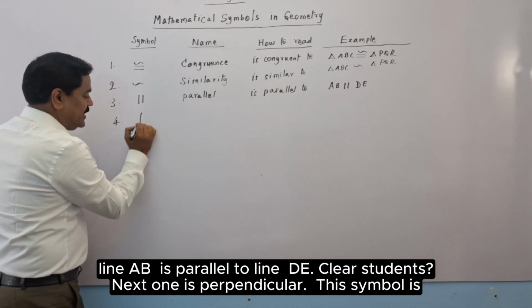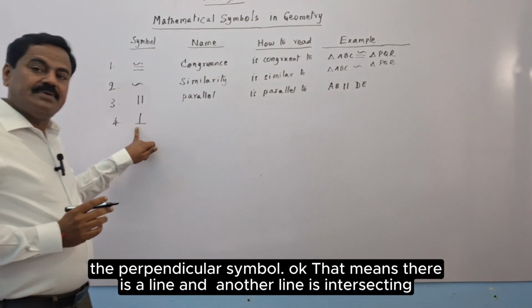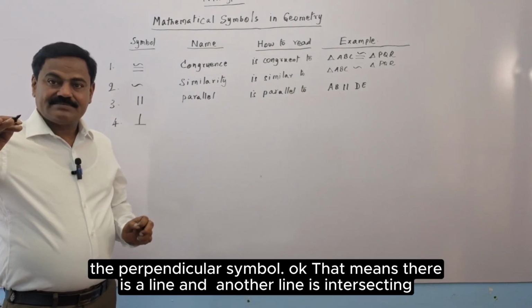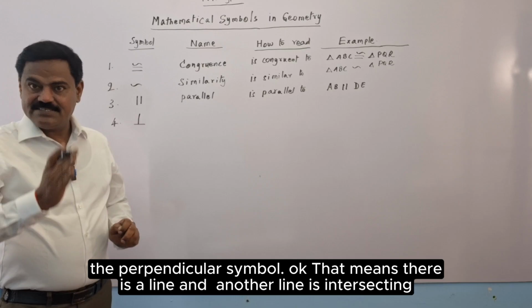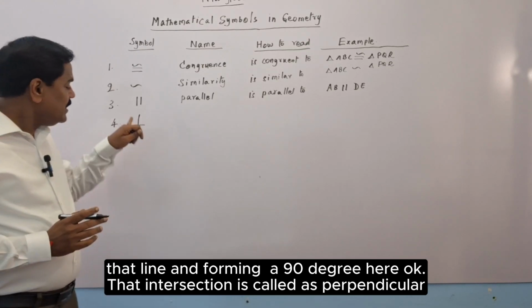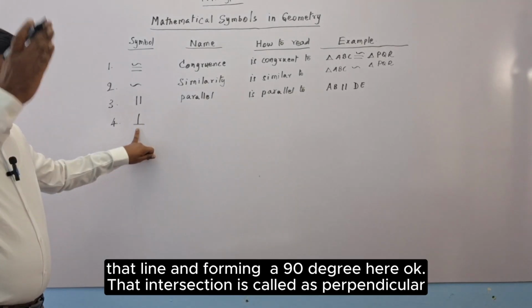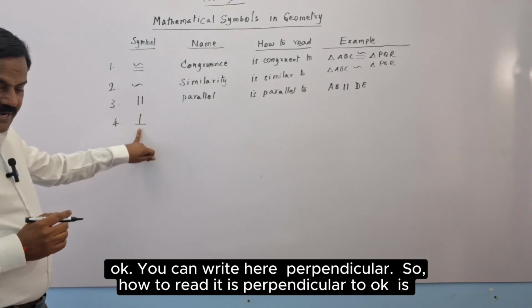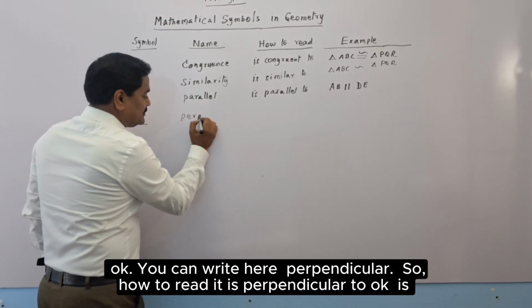perpendicular. This symbol is the perpendicular symbol. That means there is a line and another line is intersecting that line and forming 90 degrees here. That intersection is called perpendicular.